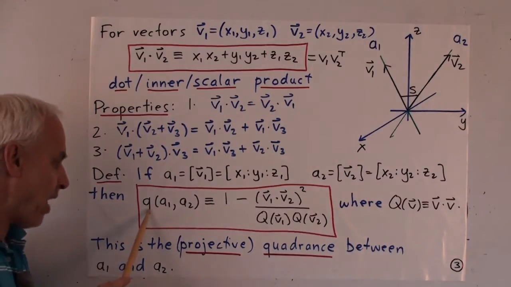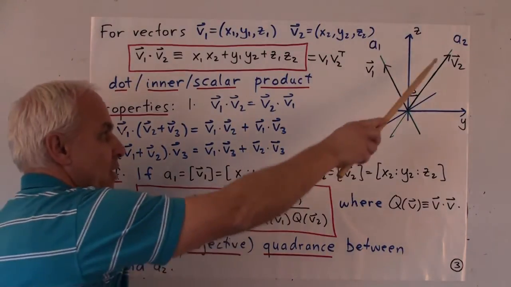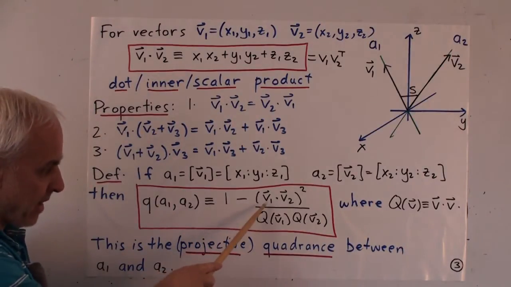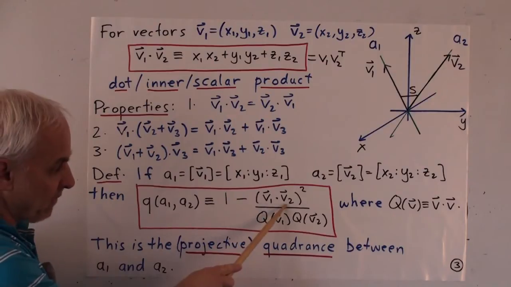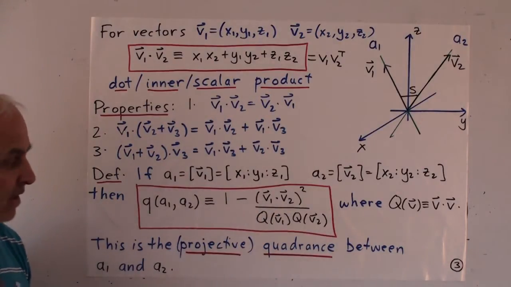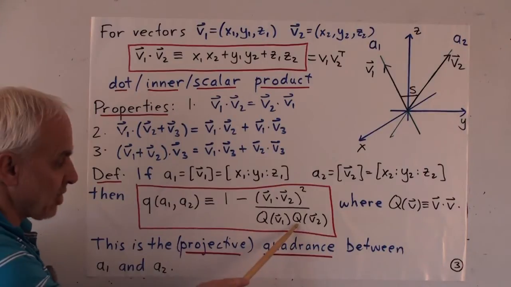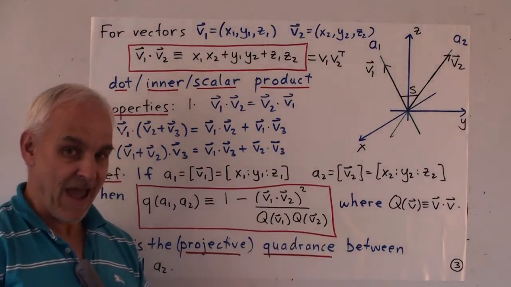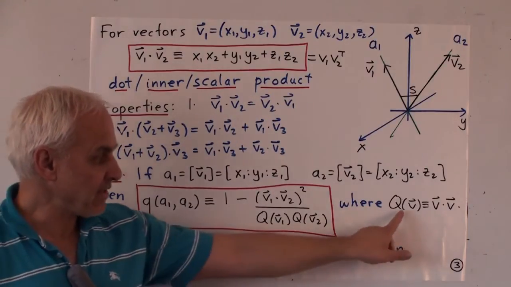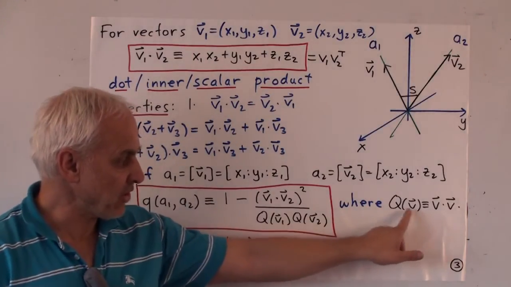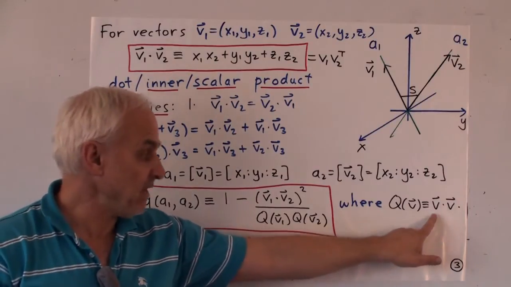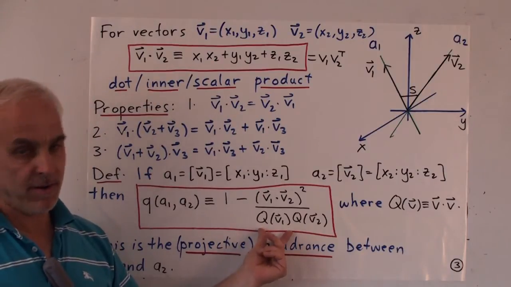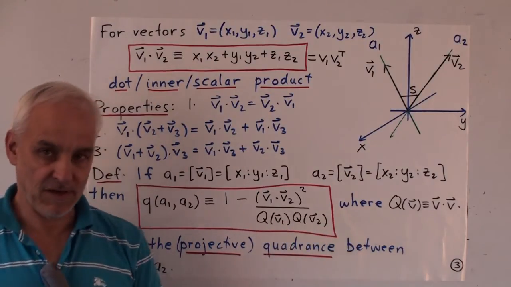So we're going to define the quadrance between these two projective points, a1 and a2, as 1 minus the ratio of (v1 dot v2) all squared divided by the quadrance of v1 times the quadrance of v2. Where these are capital Q quadrances, that is affine quadrances, and that's just defined by this simple equation that the quadrance of a vector is v dot v. So I could also have put down here v1 dot v1 times v2 dot v2.